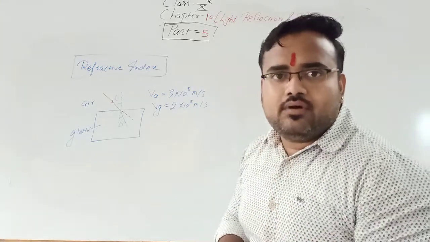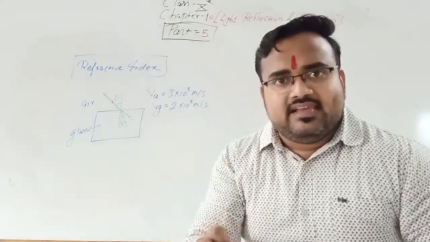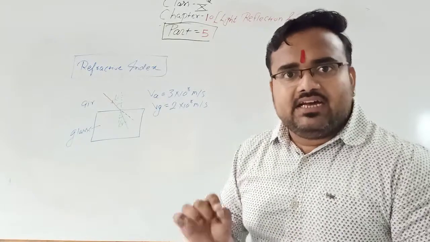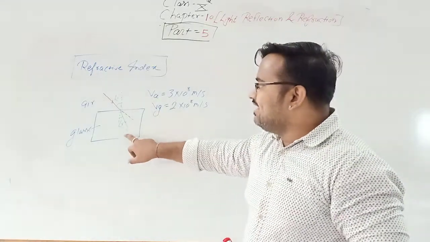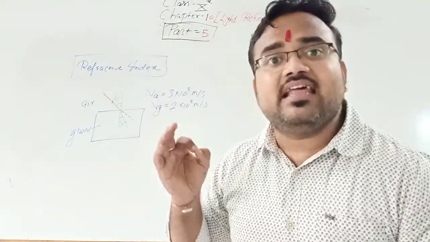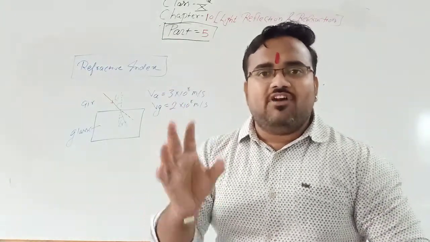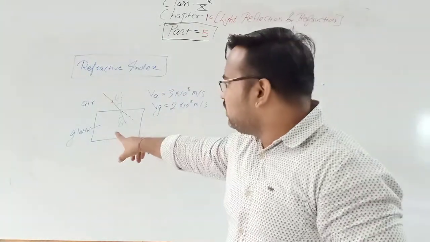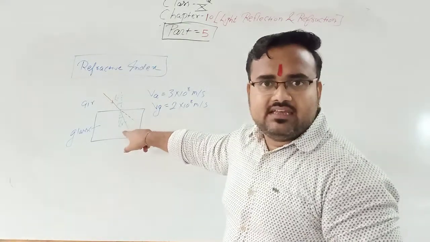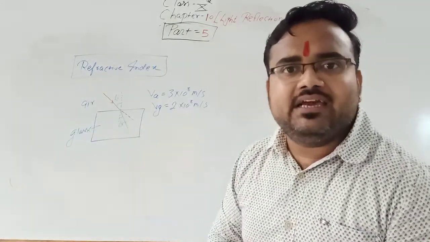The change in the velocity of light according to the change in the density of the material in which it enters is known as optical density.